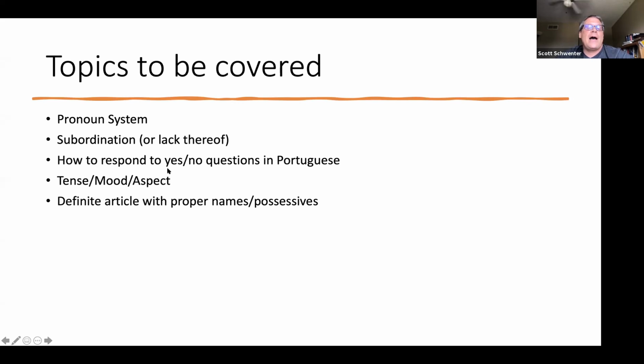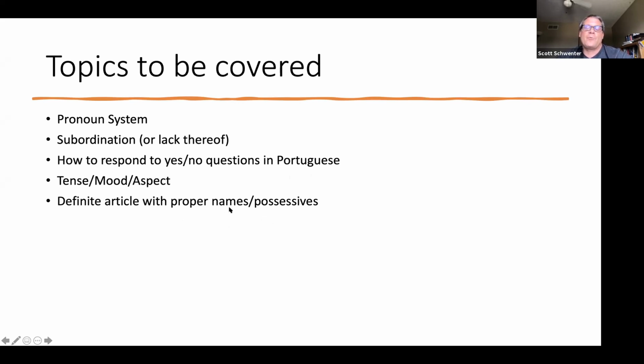We'll talk about how to respond to yes/no questions in Portuguese, because that's really fun and very different from Spanish. We'll talk some about tense, mood, and aspect, some very salient points, and then we'll end with talking about definite articles with proper names and possessives.